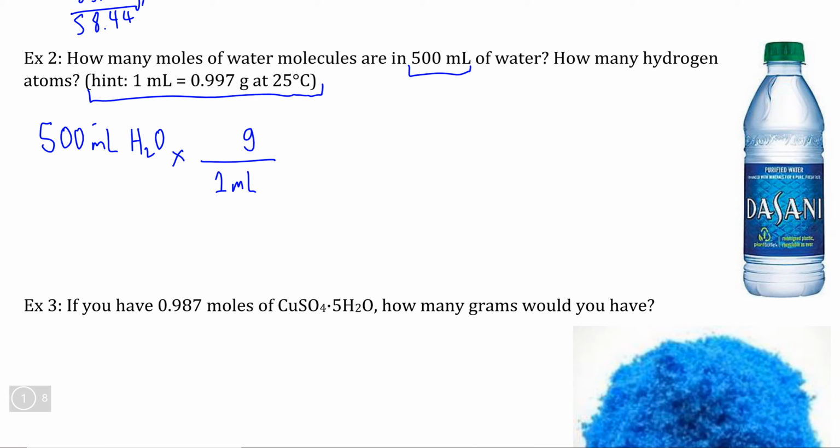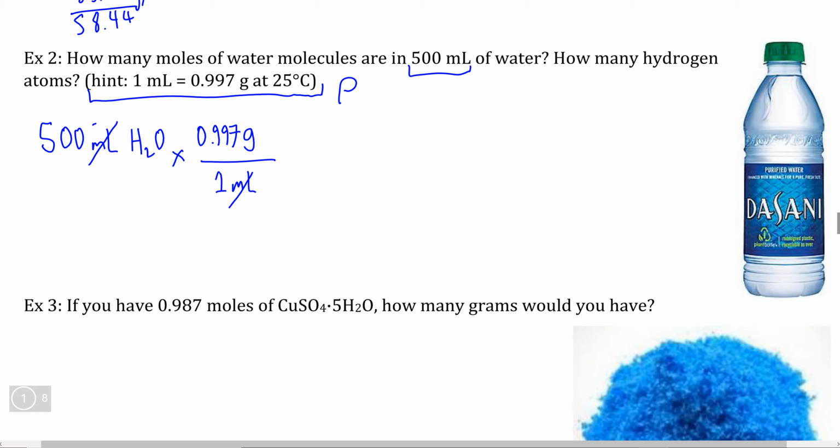In this case, we know that the density, which we represent with the Greek letter rho here, of 1 milliliter of water is equal to 0.997 grams per 1 milliliter. We see that milliliters cancel out like this, and here, if we do this, we would have calculated the mass of 500 milliliters of water.